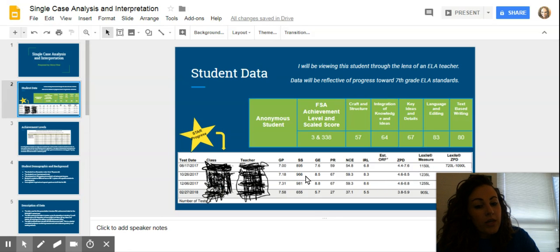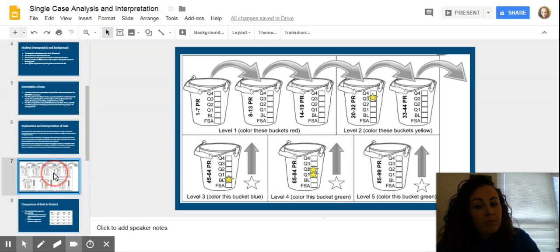So looking at his scaled scores, he's gone from an 895 that put him in a percentile rank of 59%. So he was doing better than more than half of students who take the STAR progress monitoring assessment. Now, as of February, he's slid down to the 27th percentile, which unfortunately puts him in a level 2A bucket for STAR.